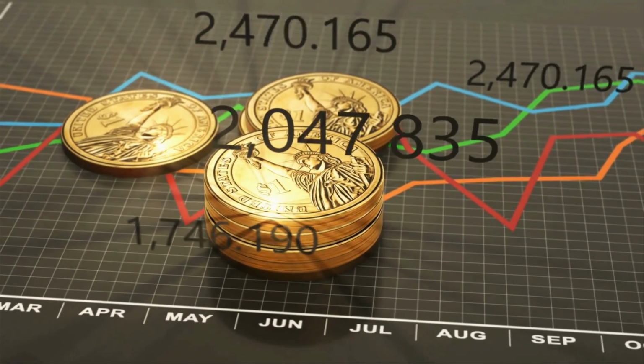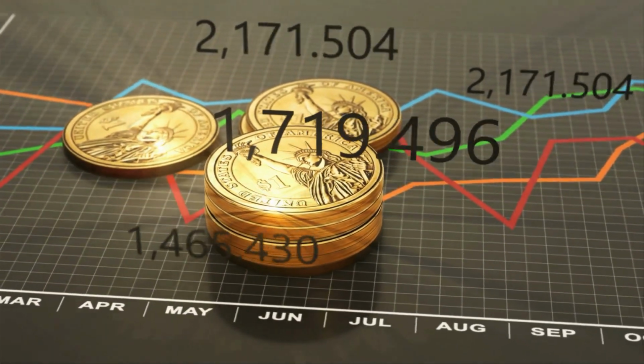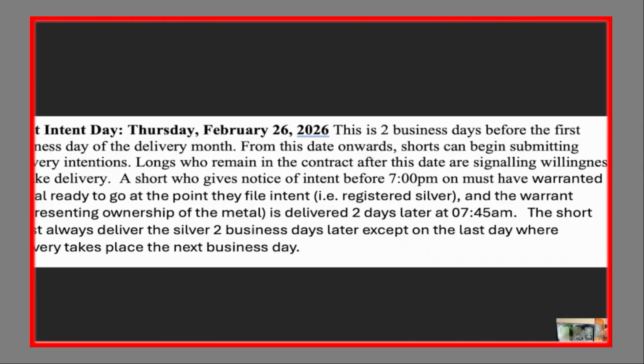This is called the first intent day. This is the day when the shorts can decide that they want to deliver. And if they don't want to deliver, they better start buying back their contracts, pushing up the price of silver.